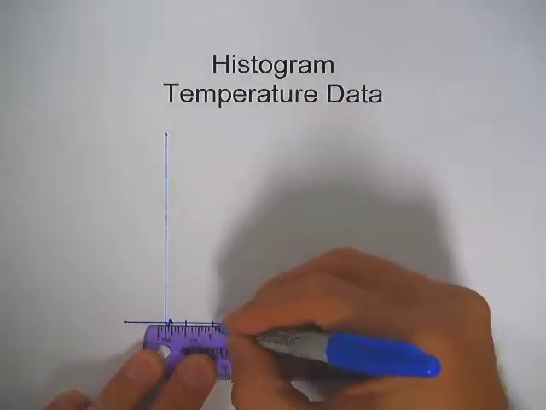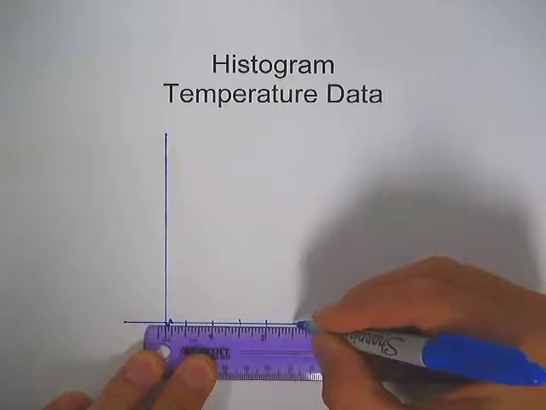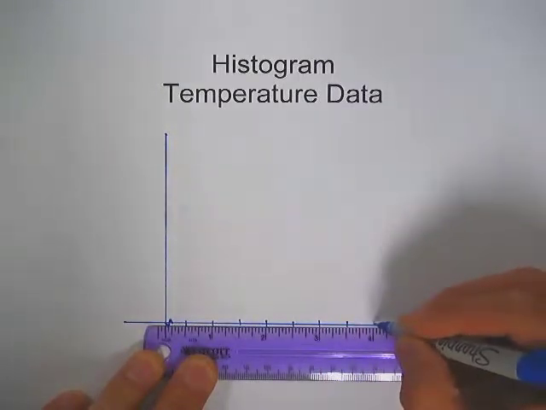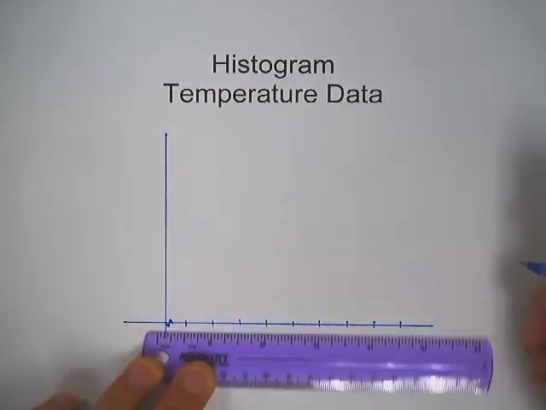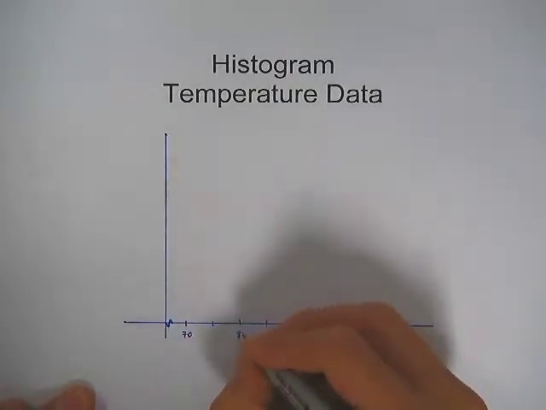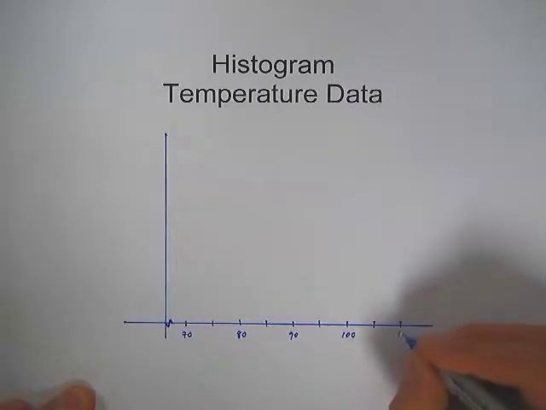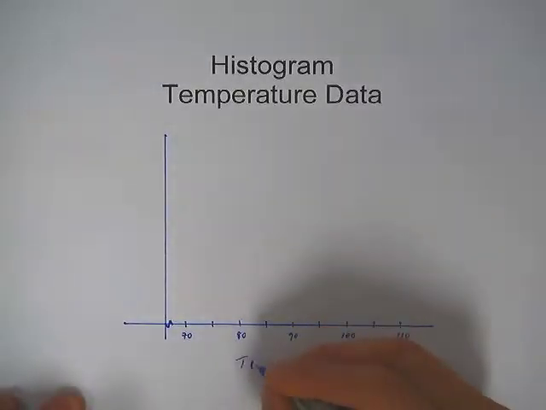That'll be 70, 75, 80, 85, 90, 95, 100, 105, and we'll just go one more out for a little more space. Then I'm just going to mark every other one. Okay, so that represents my temperature.